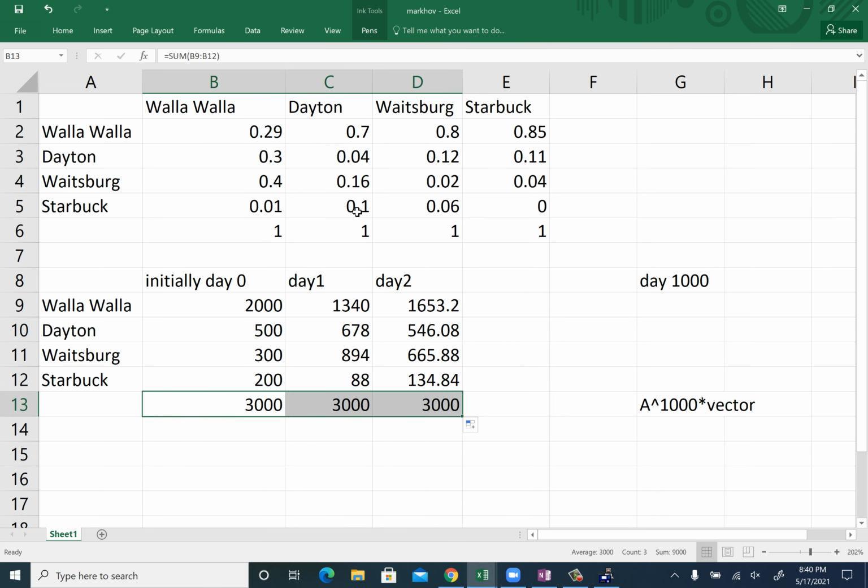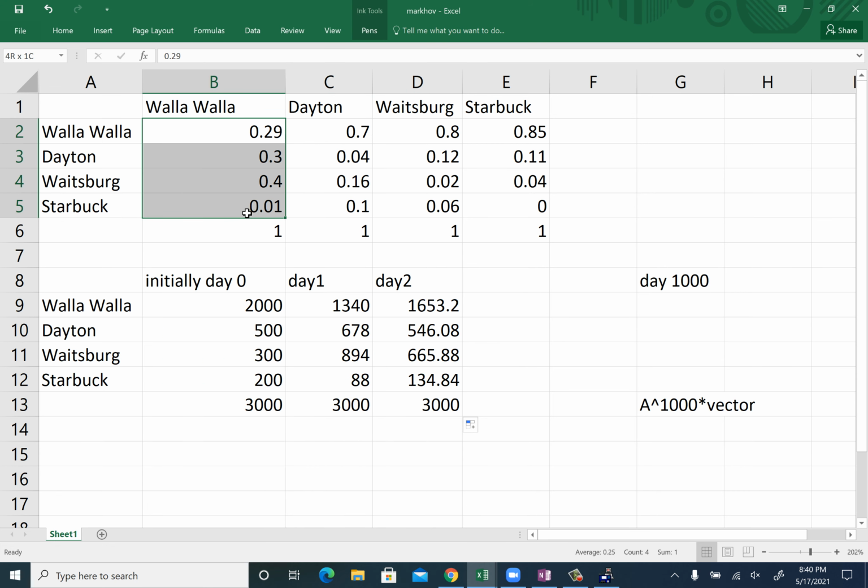By the way, each day, look at this, 100% of the population of Walla Walla leaves Walla Walla. You see that? 29% come back in from Walla Walla. Dayton, 100% leave Dayton every day, and 4% find their way back every day. Waitsburg, 100% leave, 2% find their way back. Starbucks, everybody leaves.